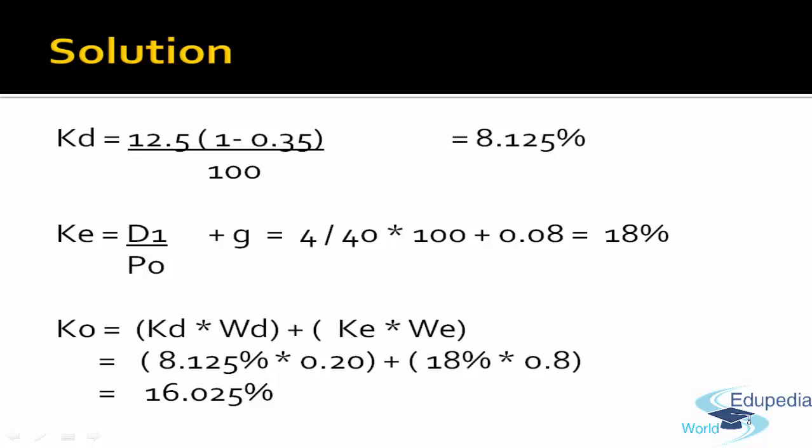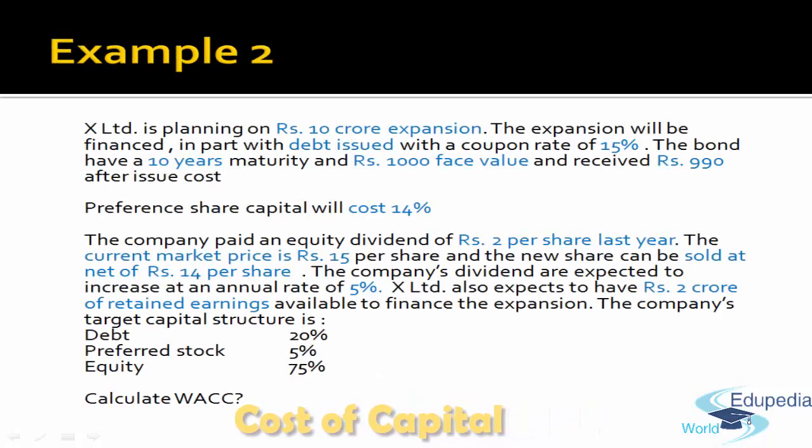We are not going to consider the existing proportion of debt and equity. We are only going to consider weights in the future, that is whatever additional sources of finance you are going to procure, what will be their proportion. So the weight is 20:80. In this way we compute the overall cost of the company. So KO is 16.025%.